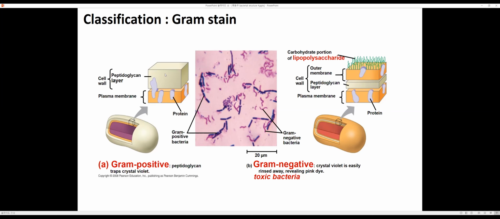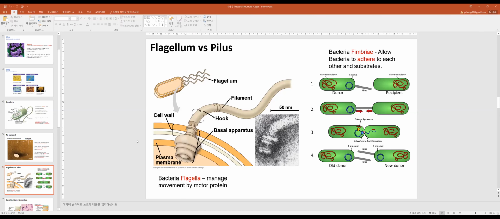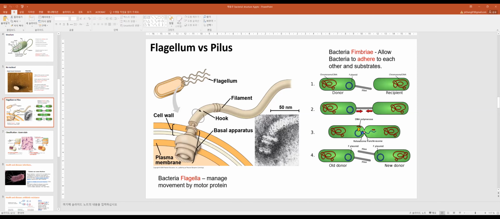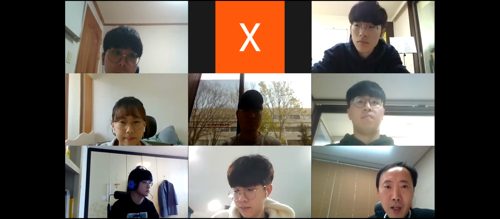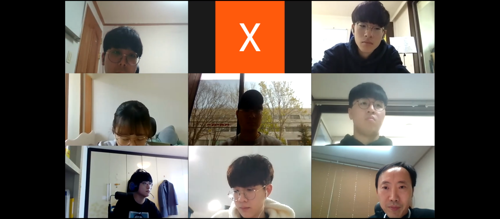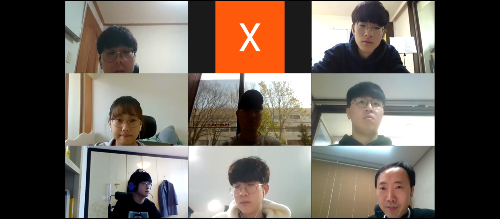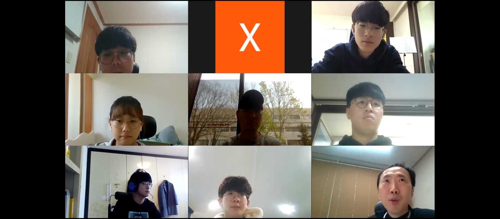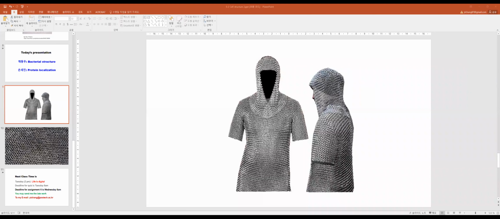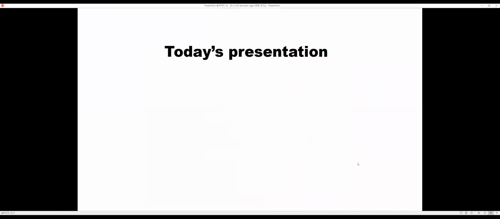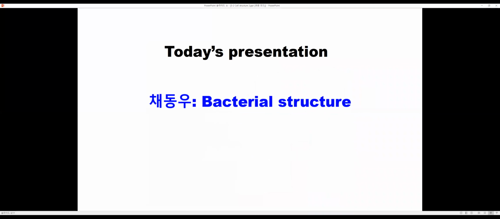So if you think about the cell wall structure, cell wall versus cell membrane, which do you think is the stronger structure, cell membrane or cell wall? Cell membrane. So now we have two different opinions, whether cell membrane or cell wall. I will give you a chance to argue about it. Is it cell wall or cell membrane?